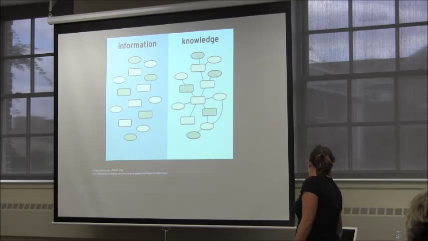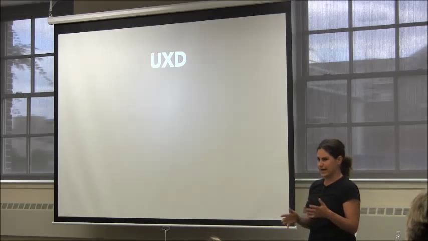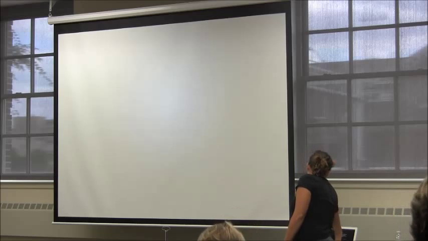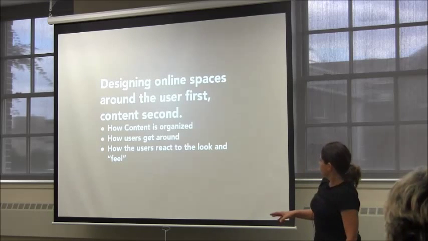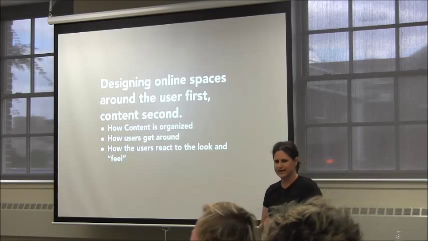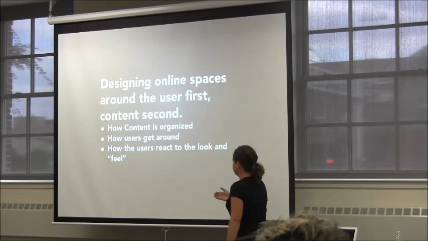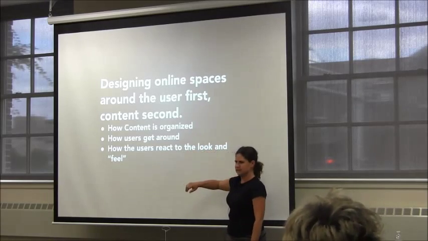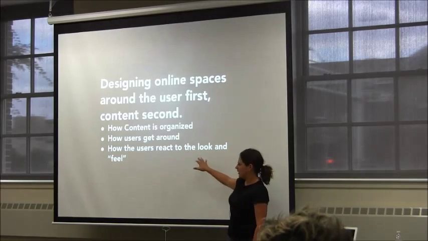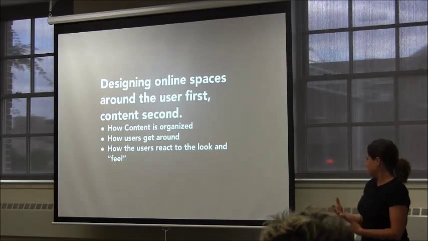And I came across and spent a lot of time researching a field called user experience design. It's a field devoted to designing online spaces around the user first and the content second. So it's a field of study where we study how content is organized, how users get around, and the psychology of how the users react to the look and feel.